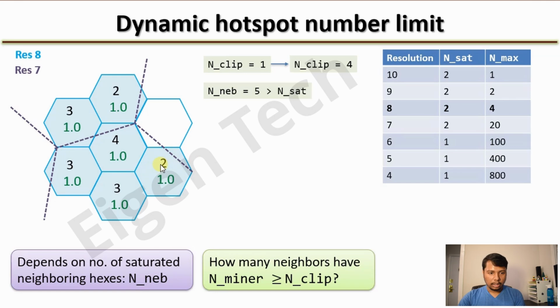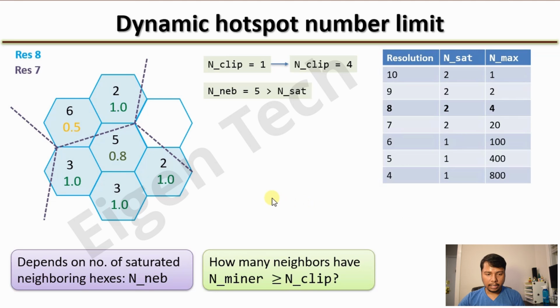If you now add another hotspot here, since n_clip has been maxed out, it's still 4, your reward scale is going to go down. The factor will be 4 divided by 5, which is 0.8. If you place, for example, 6 hotspots here, it will be 3 divided by 6, which is 0.5.